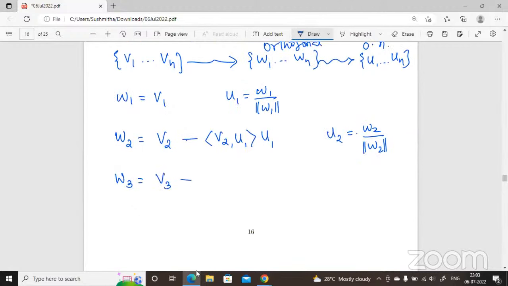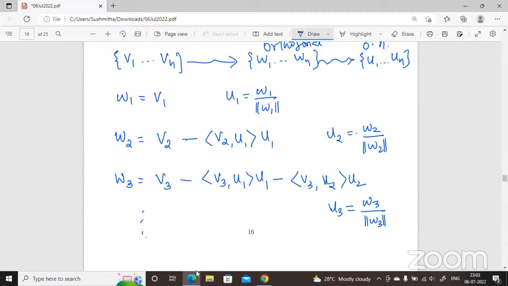W3 is V3 minus the projection of V3 on U1 minus the projection of V3 on U2. And U3 is W3 by norm of W3. Like this you continue, and you will end up with an orthonormal basis. This is the Gram-Schmidt process, and in between we used projection. Projection is just a formula for how to project a vector onto a subspace. That's just a formula.